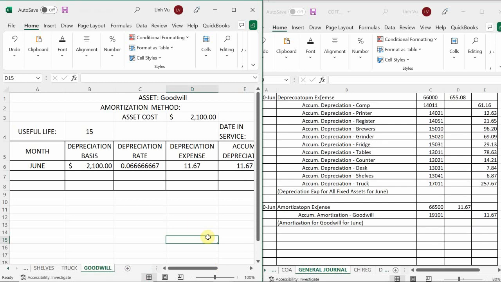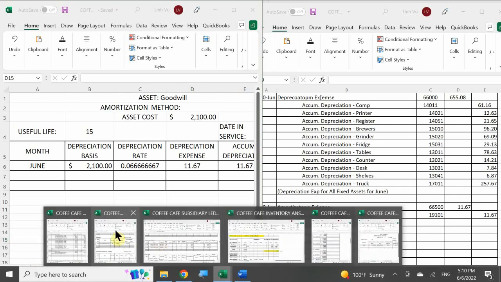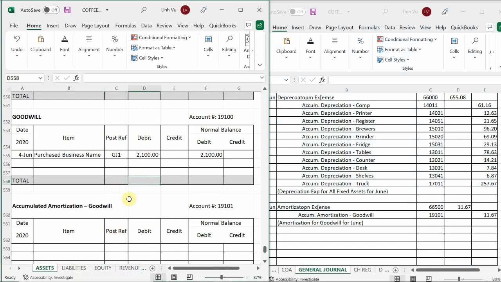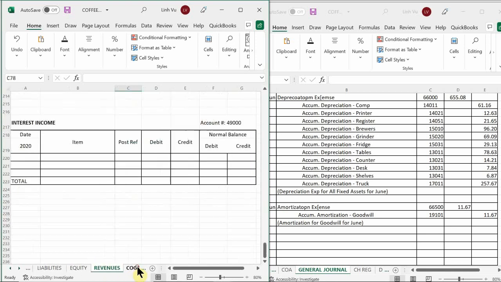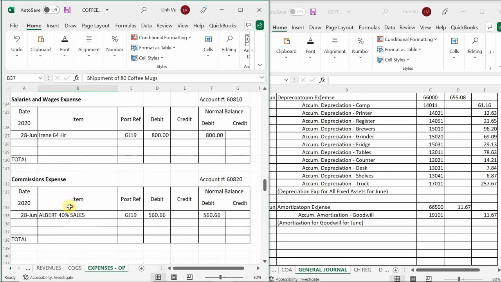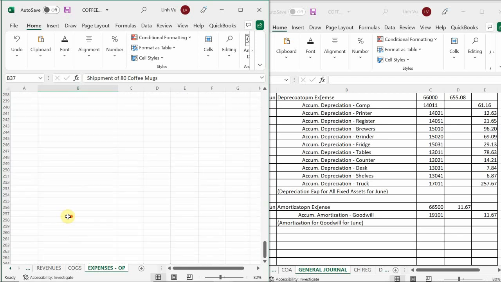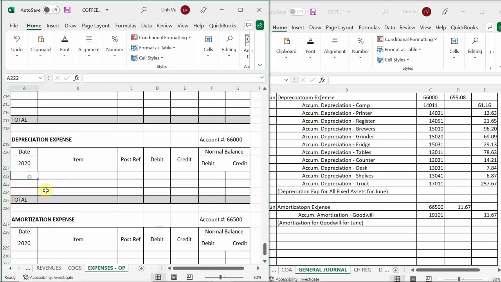So now let's go ahead and finalize our transactions by updating our ledger accounts. In this case, we're done with our depreciation table, so let's enter in all of our values in our ledger account, starting with the depreciation expense. Here, it's an operating expense. We already know that it's at the very bottom of the operating, so here's your depreciation expense.